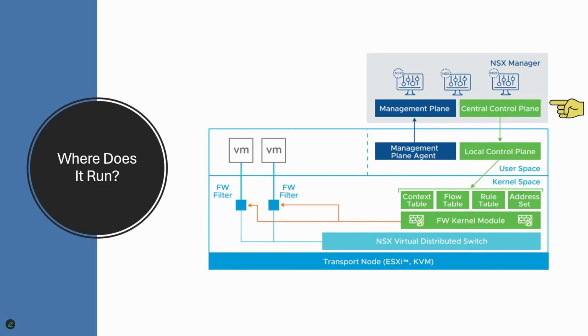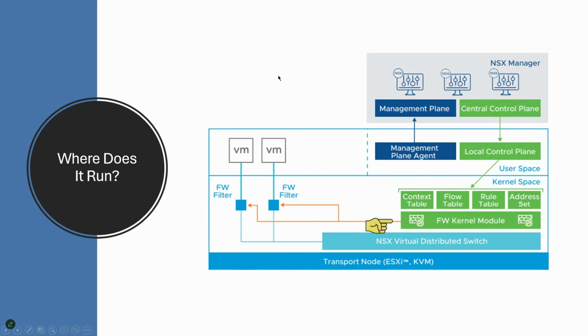Now look at the bottom. You see something called a transport node. It might be an ESXi or it might be KVM. So this is where the real action happens. Inside the ESXi host, you have a kernel space, and inside the kernel space you see something called the firewall kernel module.